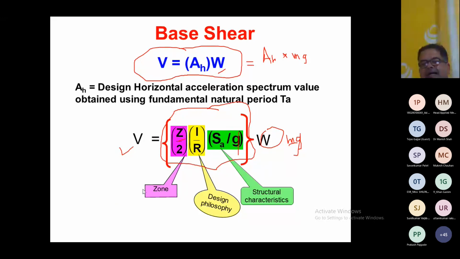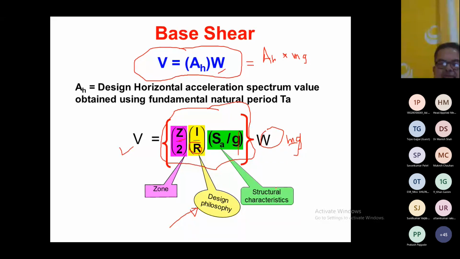Then we have I by R. I is the importance factor, R is the response reduction factor, and SA by g is the spectral acceleration normalized with respect to gravitational acceleration. The response reduction factor basically supports our design philosophy, right?